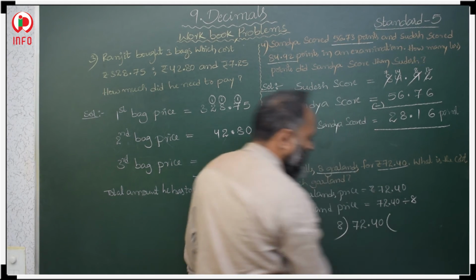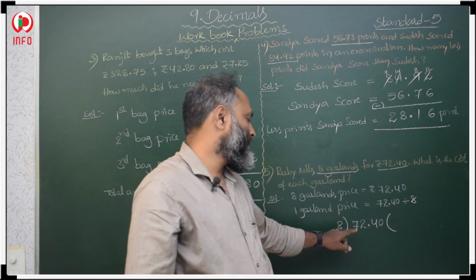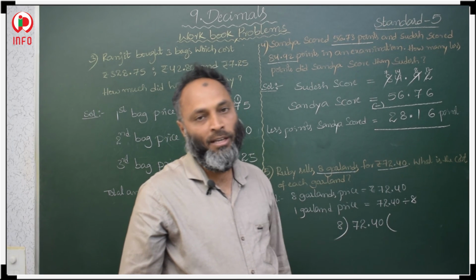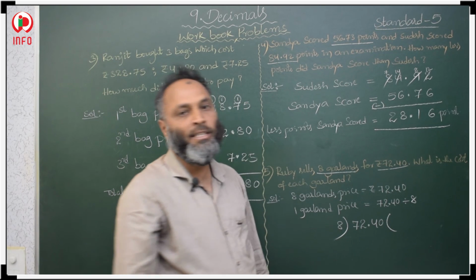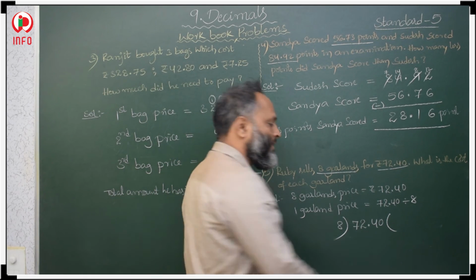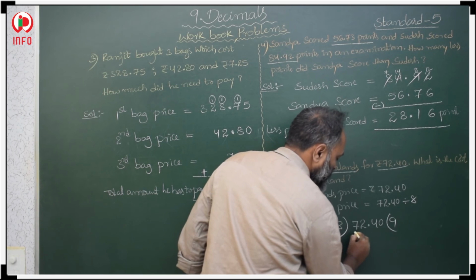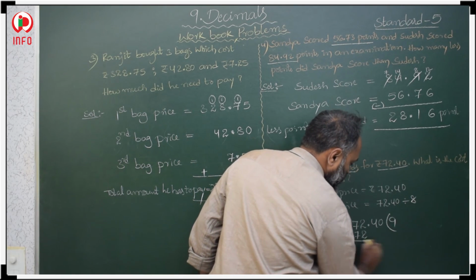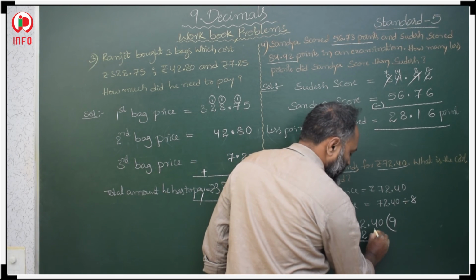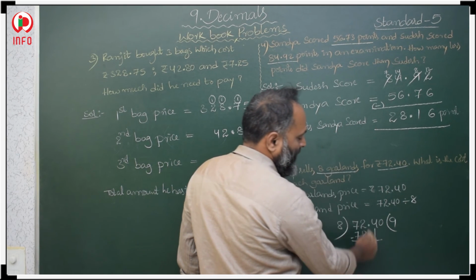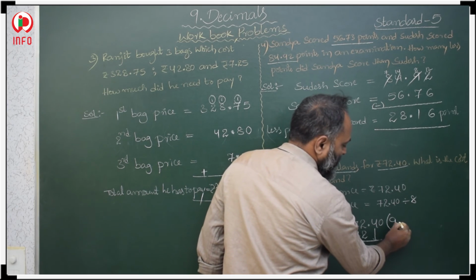Now, 7 is less than 8, so we take 72 at a time. 8 8s are 64, 8 9s are 72. Then 72 minus 72 is 0, no need to write. Then after that the decimal point, so here we keep the decimal.